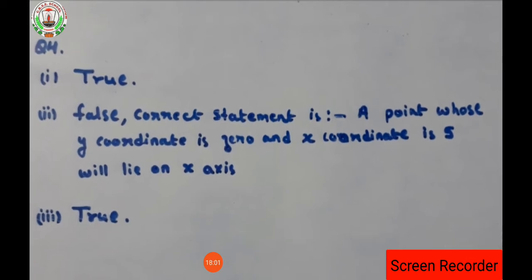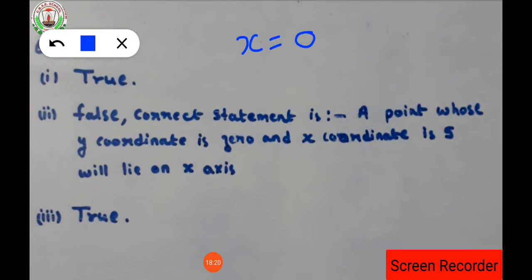In question number 4, it is said that you have to state true or false. If the statement is false, you have to correct that statement. While explaining the questions, I had said that in that particular question, if the value of x is 0 and the value of y is non-zero, that means any number, then whether these coordinates will lie on the y-axis.